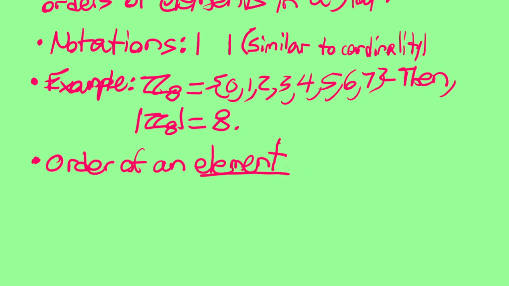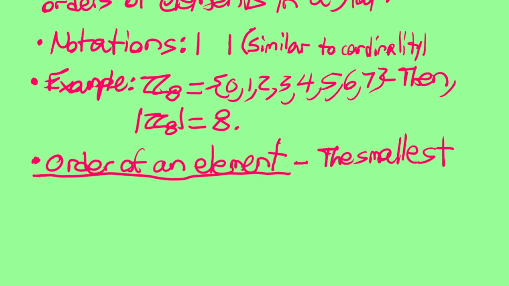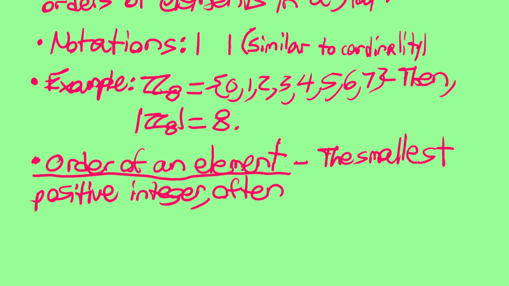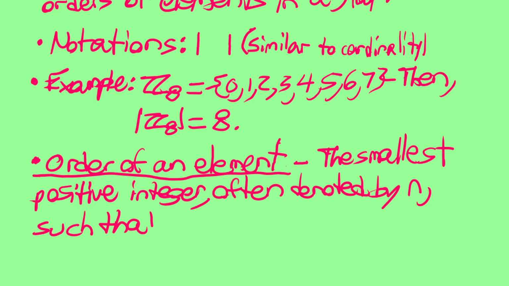And an order of an element is the smallest positive integer, often denoted by n, such that an element raised to the nth power equals the identity element.